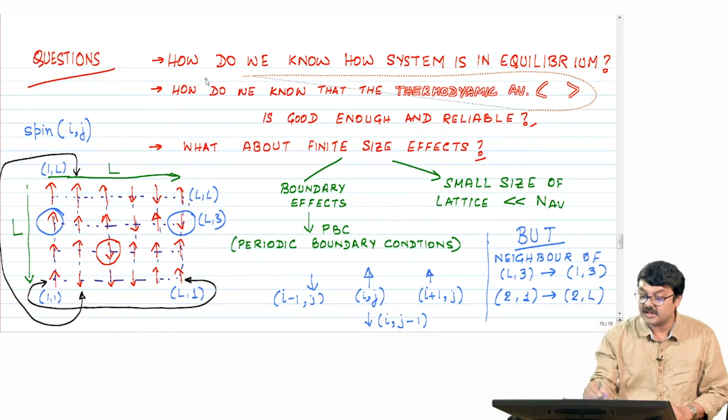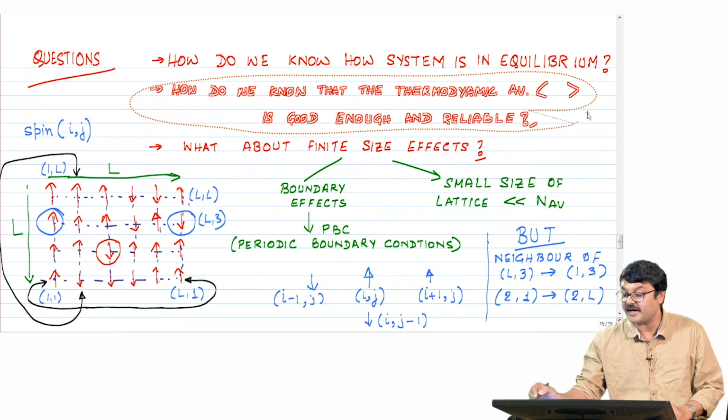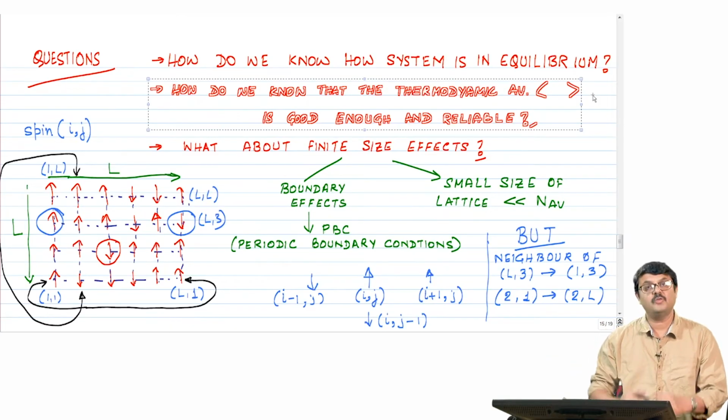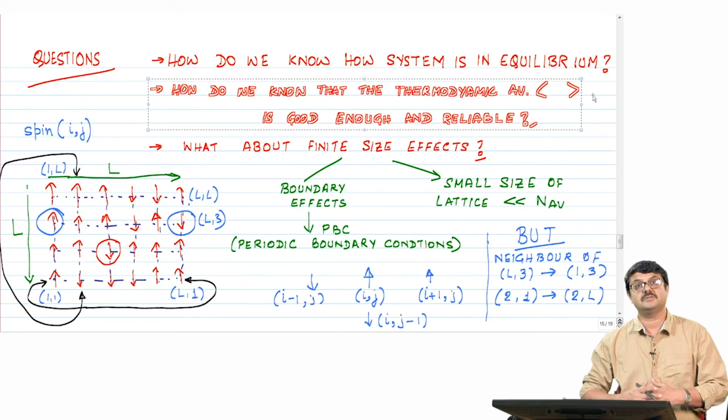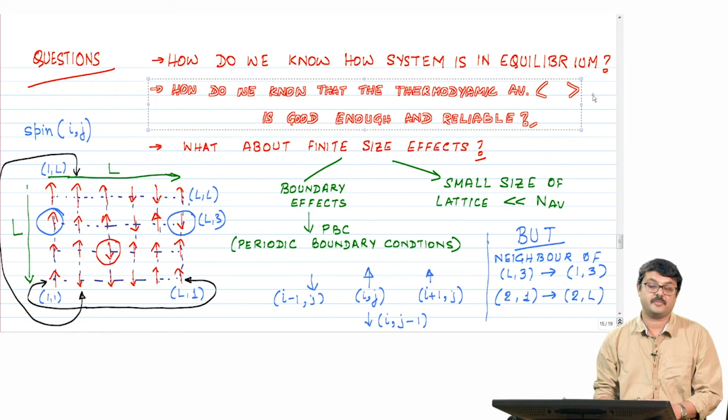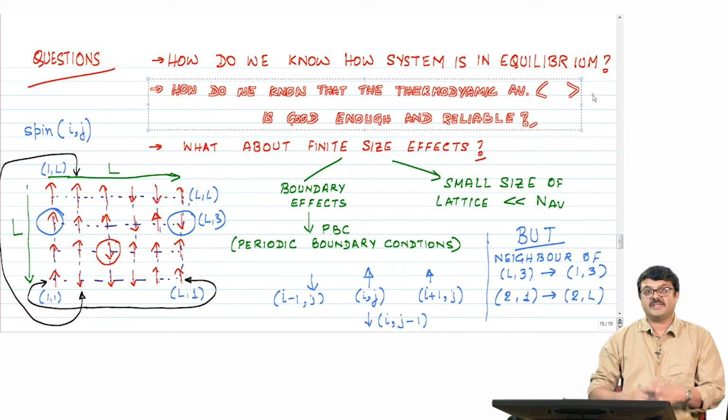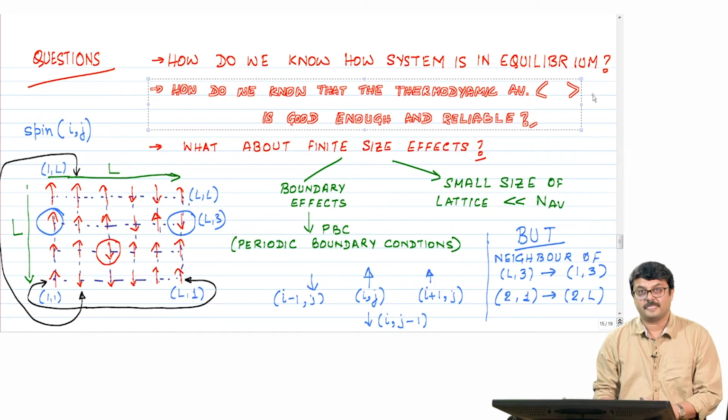How do we know that the thermodynamic averages that we have calculated over a certain number of microstates are good and reliable? How do you know that you do not need to generate more microstates? After all, statistical physics tells you that you have nearly an infinite number of microstates accessible.